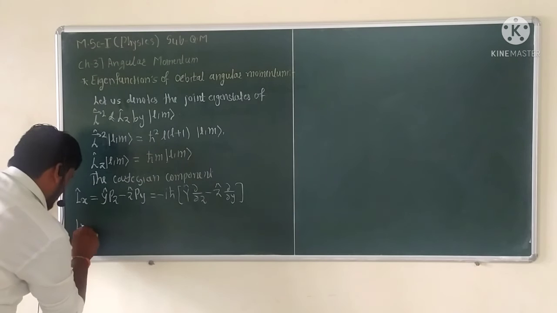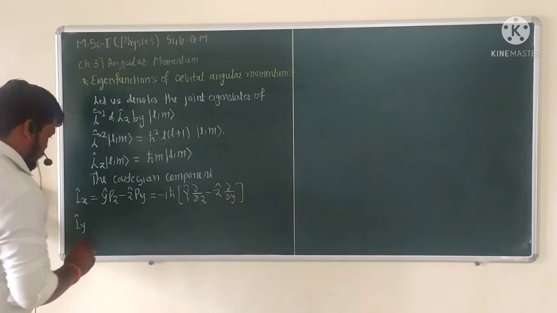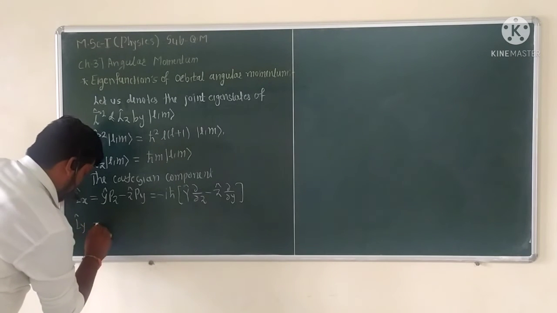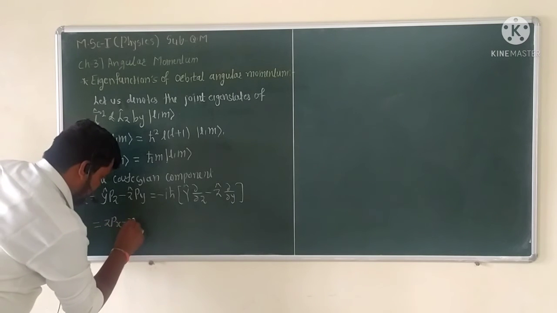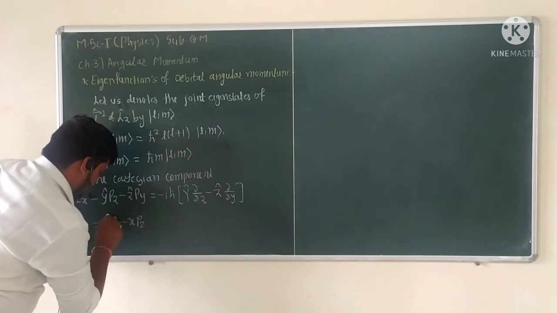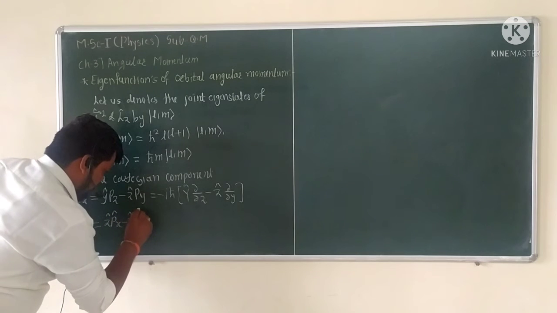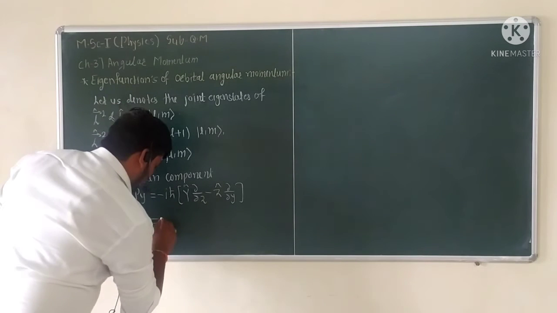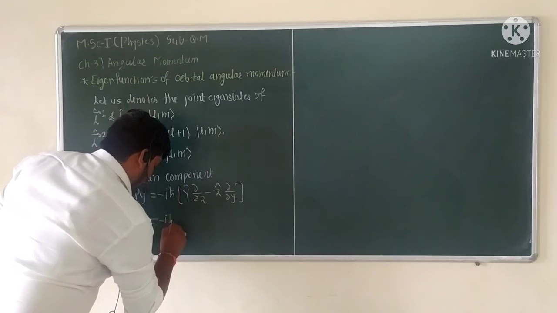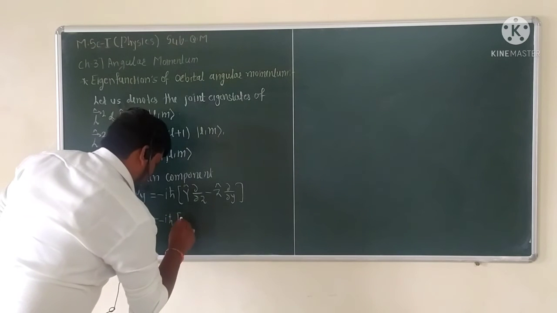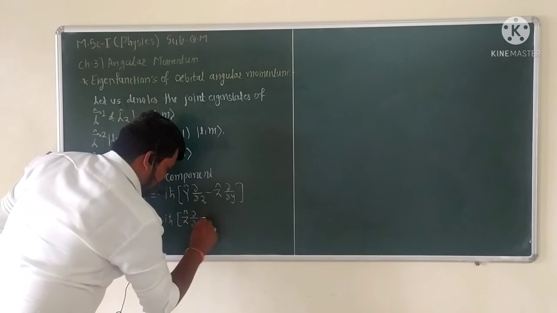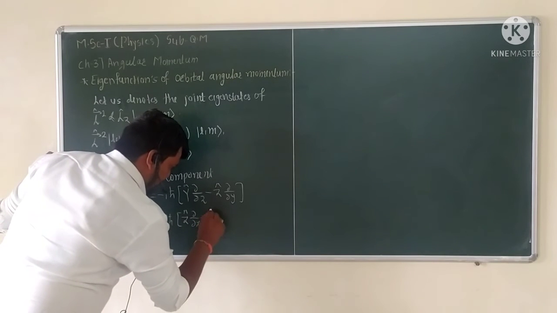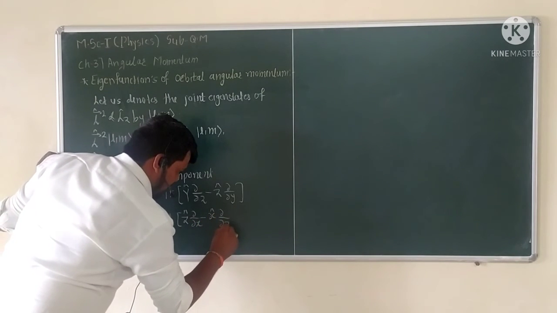Next, the y component of orbital angular momentum, which is denoted by z px minus x pz. This can be rewritten as minus i h cross of z cap dou by dou x minus x cap dou by dou z.